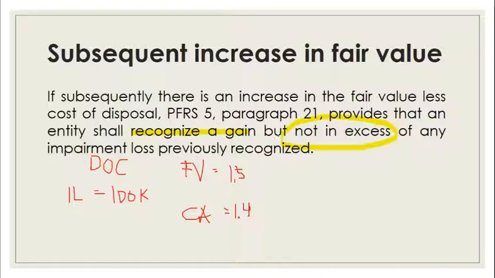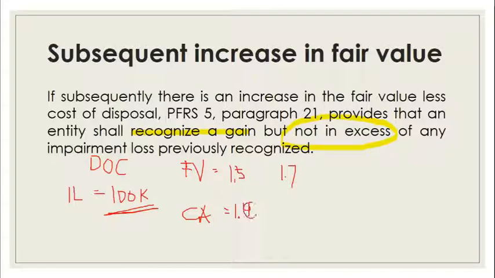Upon subsequent increase in your fair value, per se, imuhang fair value is nahimo na siyang 1.7. Supposedly, unsa man imuhang gain ani nato, gain nga 300. However, ang imuhang impairment loss nga na-recognize naman is 100. So, mo-stop ka kutob sa imuhang 100. Oops, sayop ta anyway kay lower man.